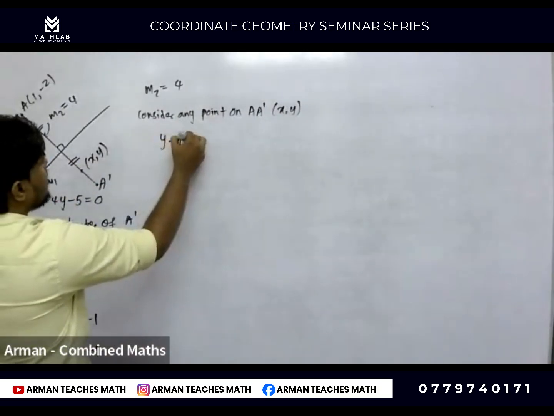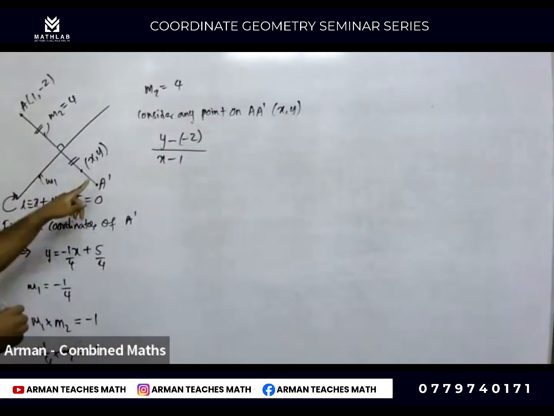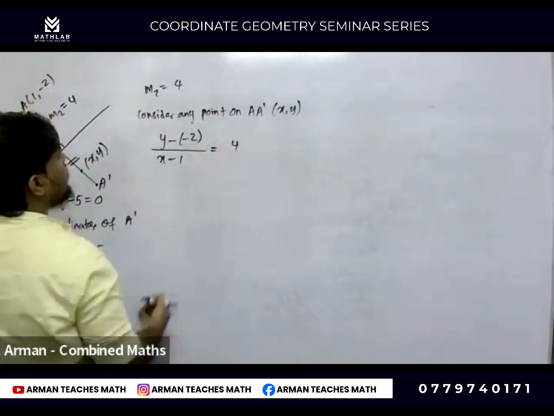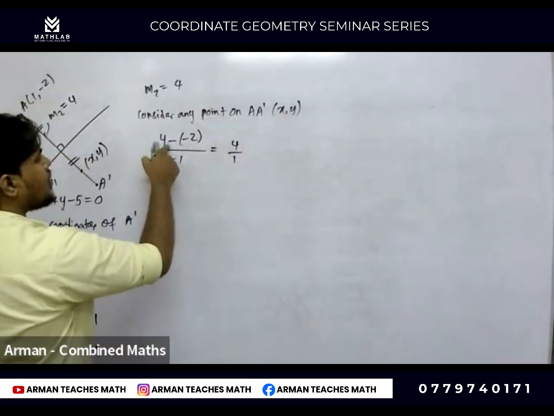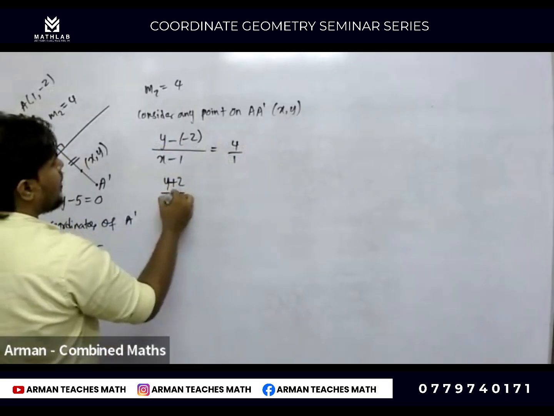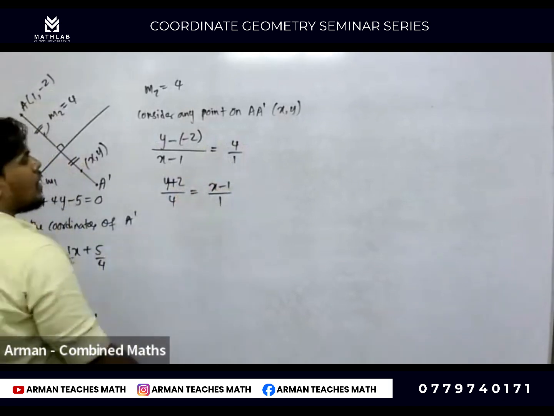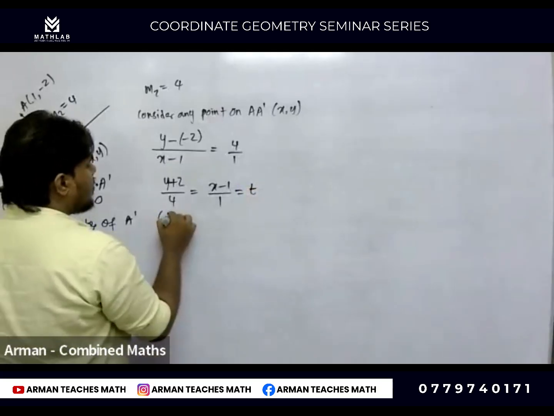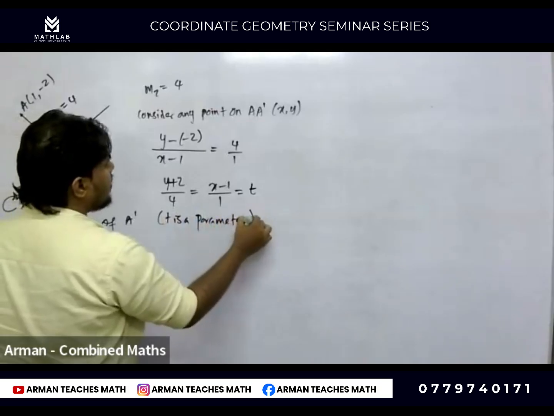Difference of y coordinates divided by difference of x coordinates: y minus minus 2 divided by x minus 1. This is equal to the gradient 4. What is this? 4 means 4 over 1. Cross multiplication: y plus 2 divided by 4 equals x minus 1 over 1. We equal that to a number, where t is a parameter. T is a parameter.